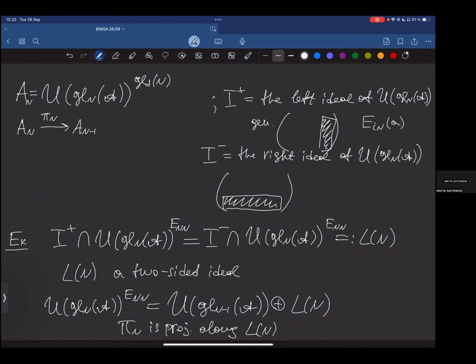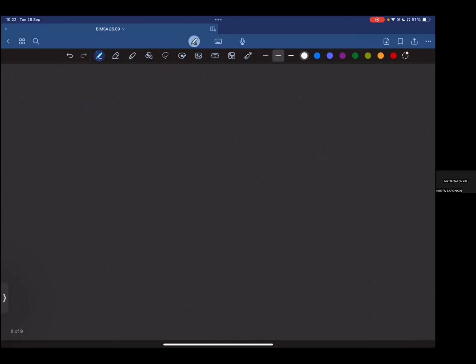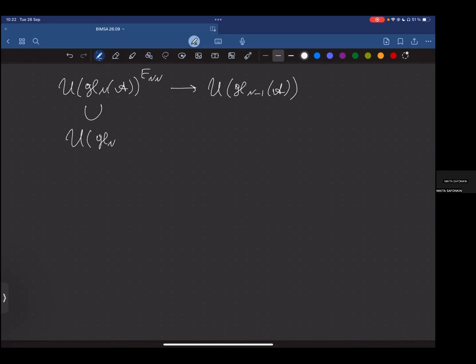So let me say this a little bit more clearly. We have constructed a morphism of algebras like this. And then we can restrict it to the subalgebra of the whole of these invariants.